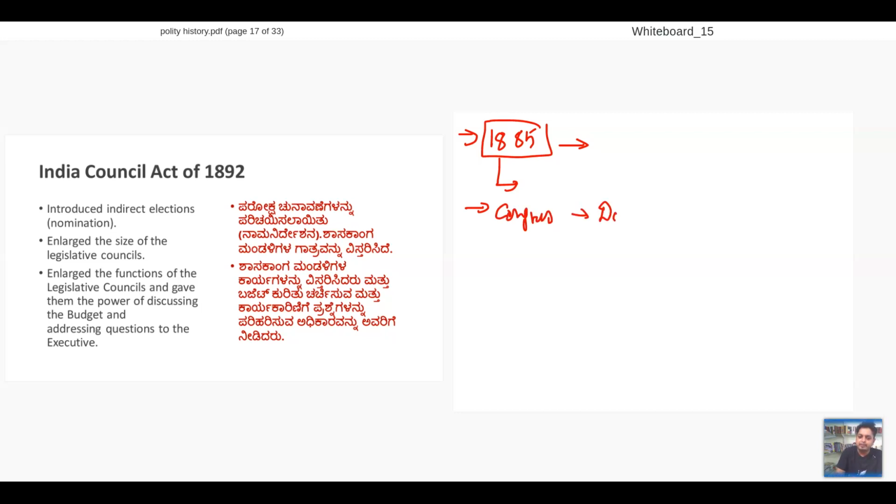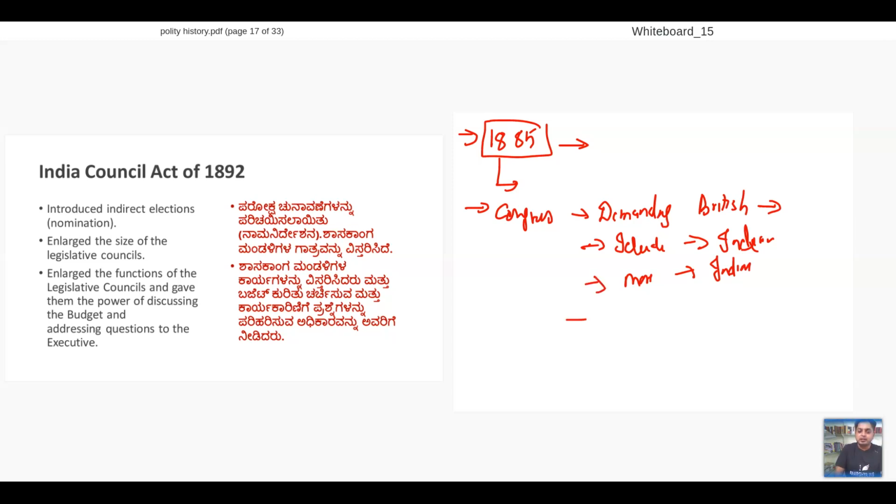Now, when Congress is formed, Congress was demanding British. Wasn't Congress demanding British? Yes. Why? What was Congress demanding? Include more Indians into them, or include Indians into executive council also.